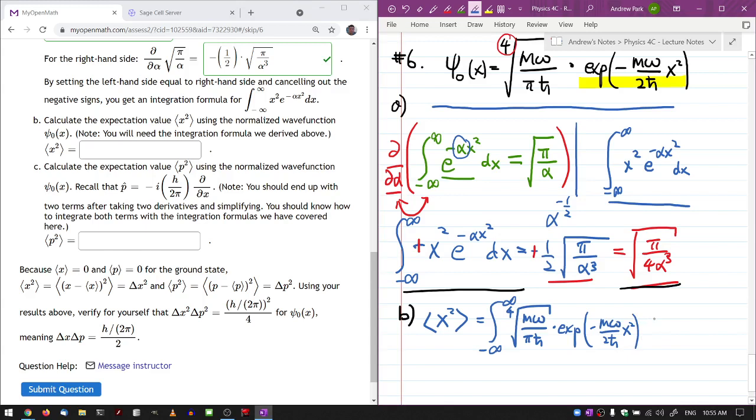That's the wave function times the operator for x squared, which is simply multiplication by x squared, times the wave function again.